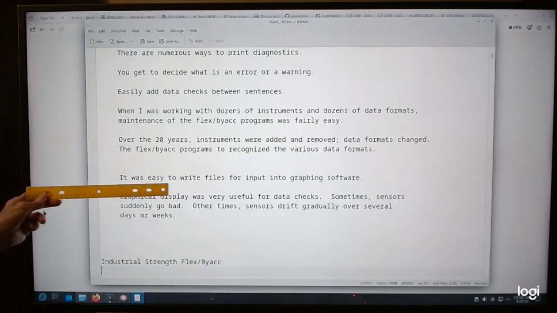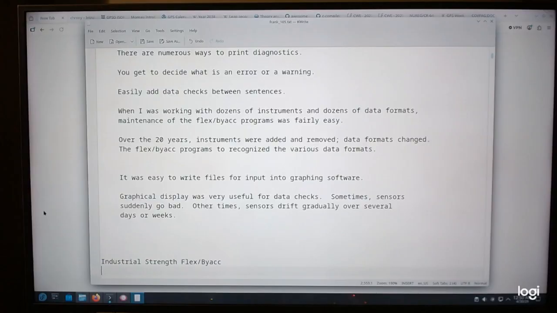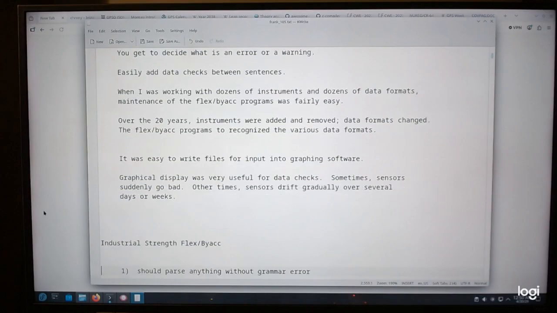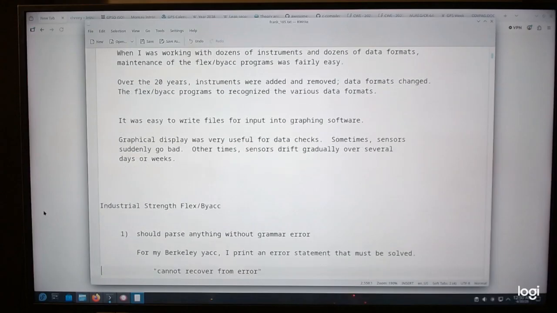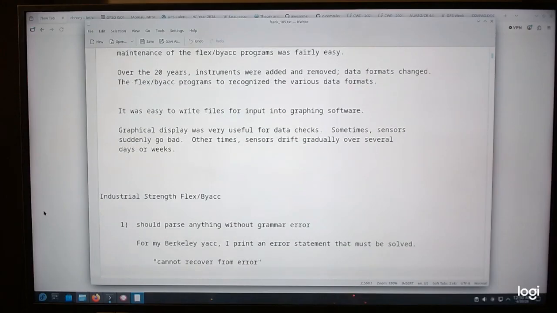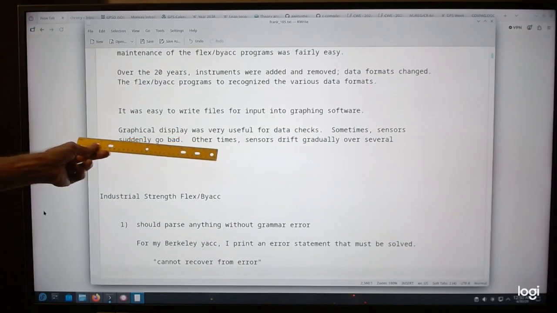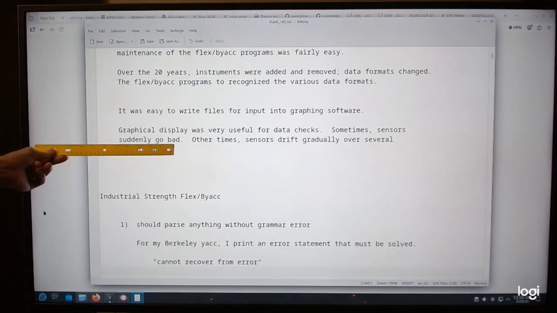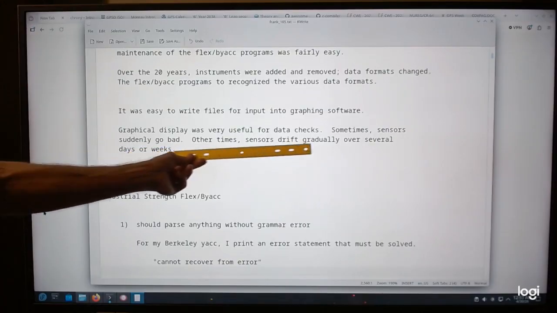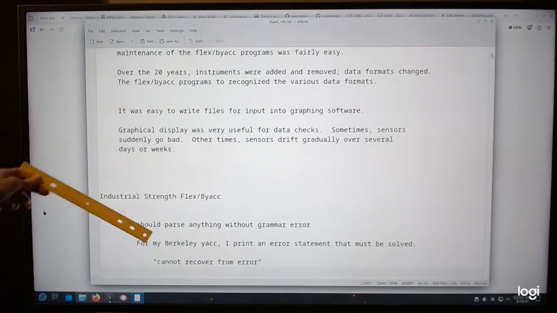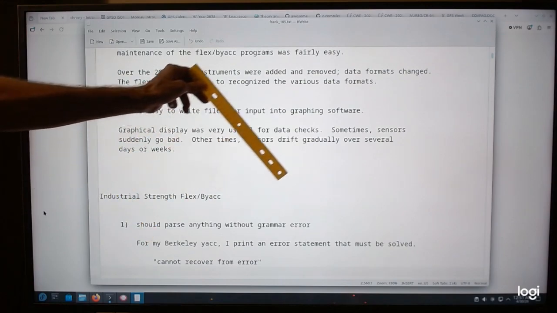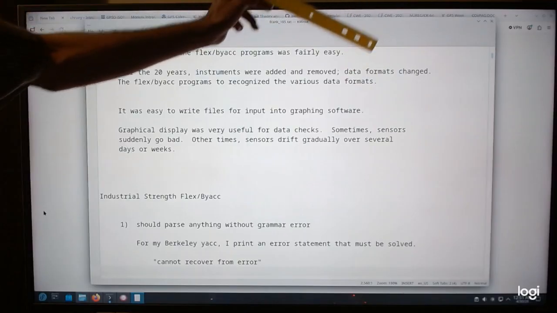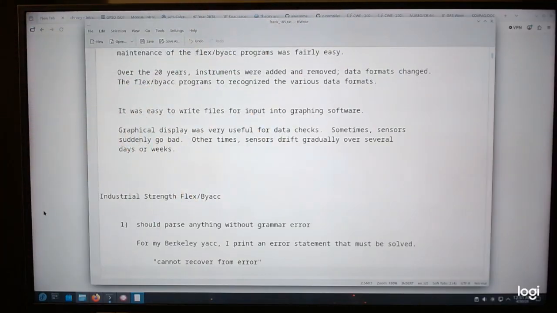Now, you can also write output files to go into graphing software, because with those graphical displays, sometimes those sensors suddenly go bad, and other times they'll just gradually start drifting out of range, out of their domain.